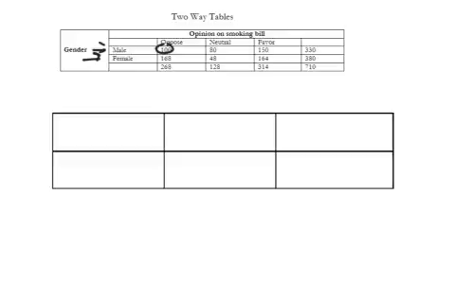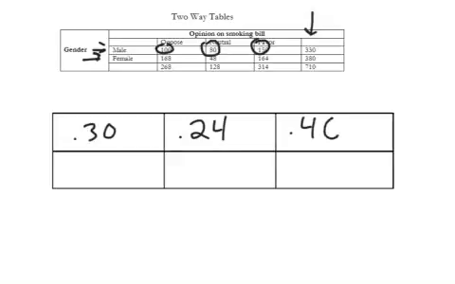So we take 100 divided by 330, and when I put that in my calculator, I get 30%. Then we take 80 divided by 330, and we get 24. And then 150 divided by 330, and we get 46. If it doesn't add up to exactly 100%, you probably just have some round off error.